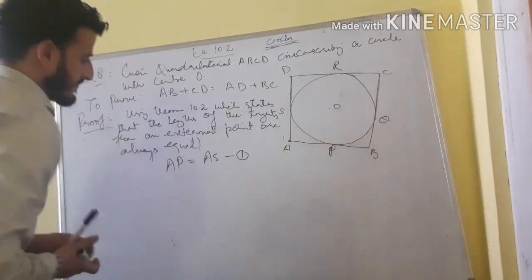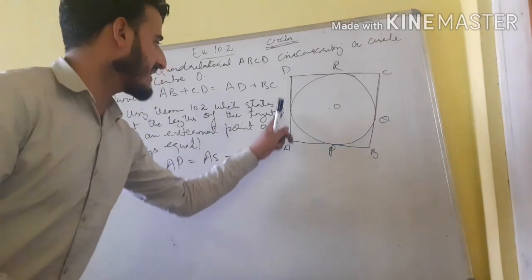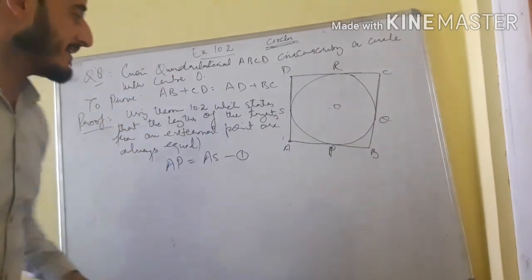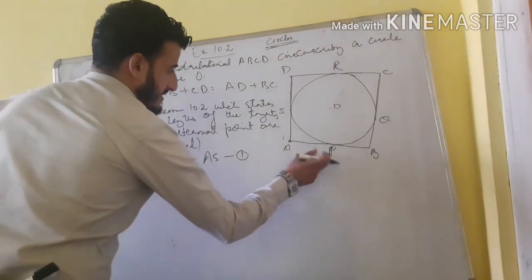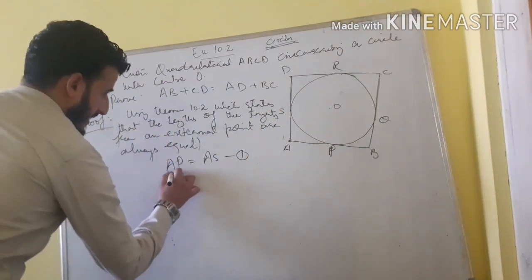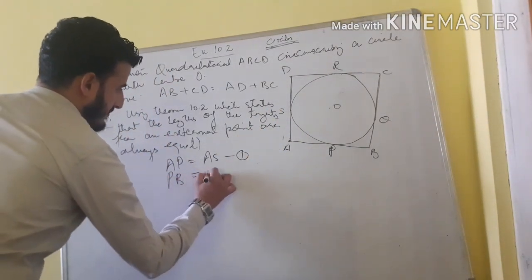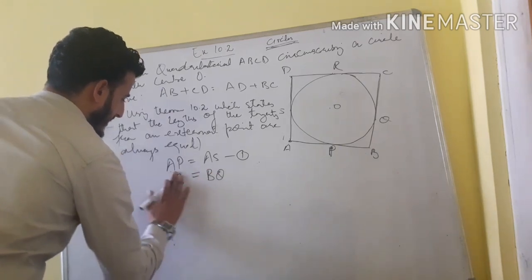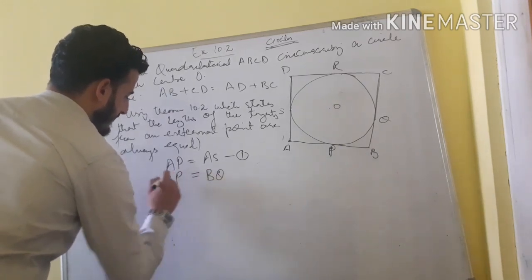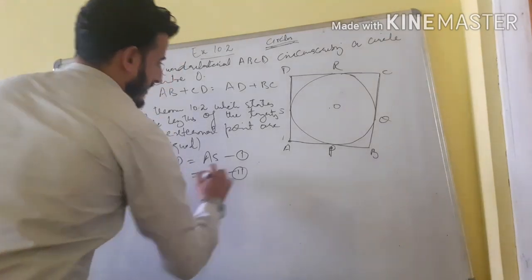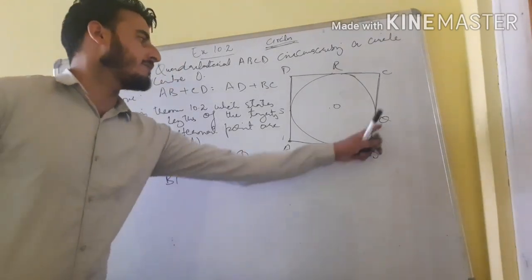Mark this as first. This AP will be equal to AS because both are tangents. Similarly, can we write now PB is equal to BQ, or BP is equal to BQ? Mark this as second. For this point B, BP will be equal to BQ.